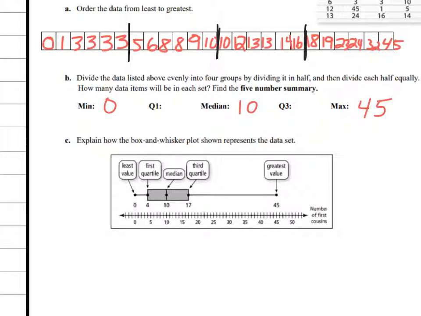To get Q1 and Q3, which are like the medians of each half, you want the number between 3 and 5, which you take the average of. 3 plus 5 divided by 2 is 4. And the number between 16 and 18 is 17. So you're just taking the average.